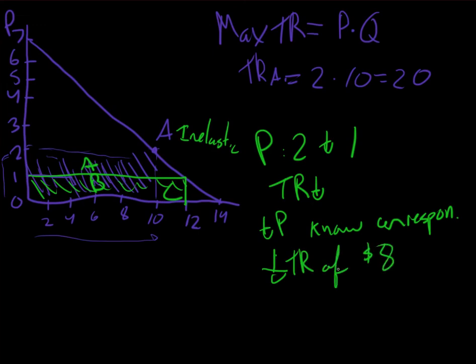What happens if we're on the other side of the graph? Let's say I'm up here at point B, and this is my current total revenue. What would the total revenue be at point C?